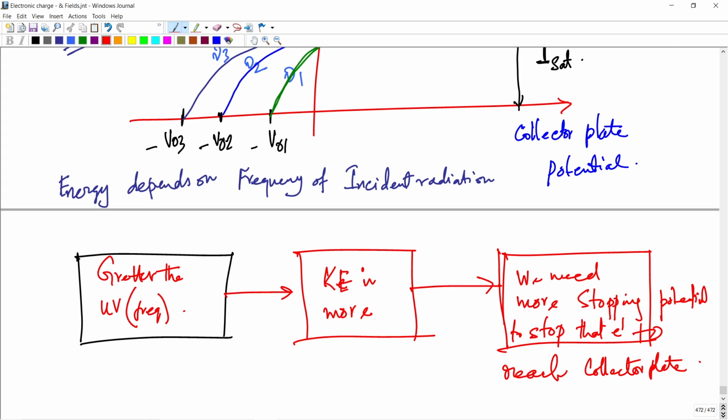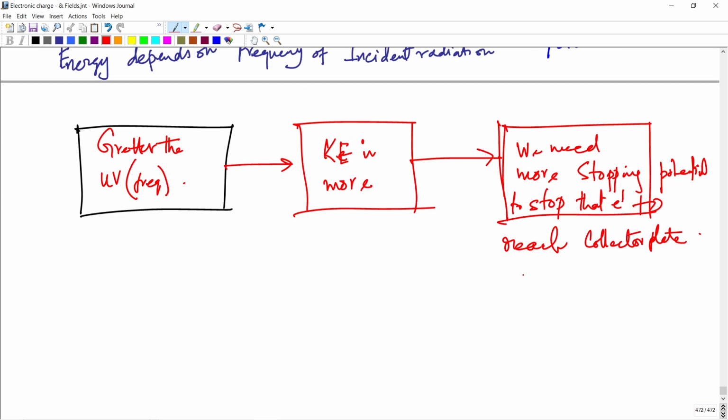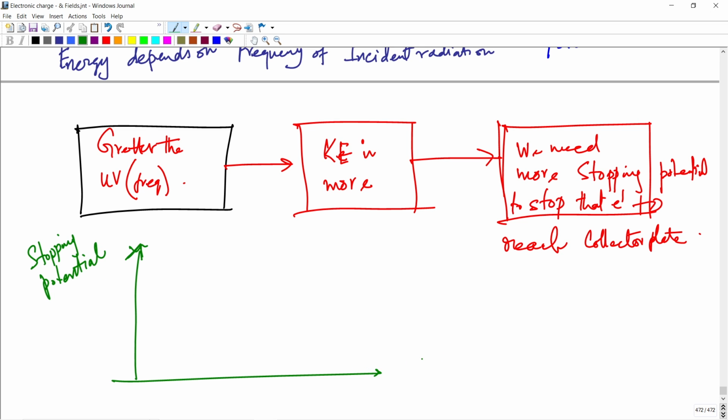Okay, so now draw another diagram for stopping potential versus frequency.